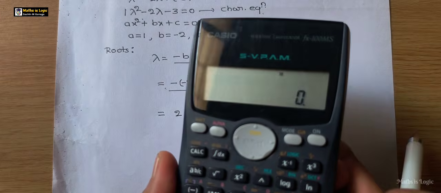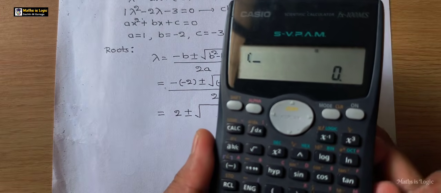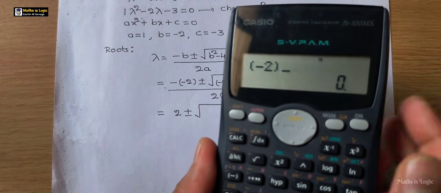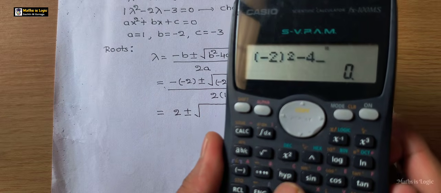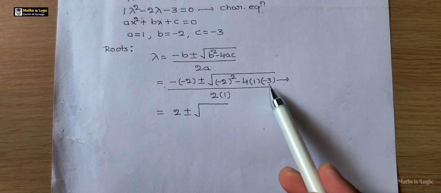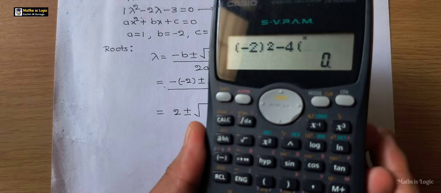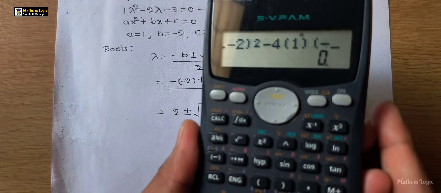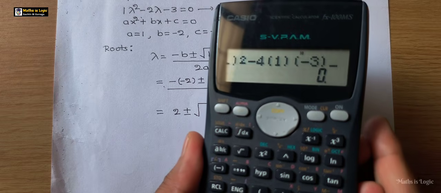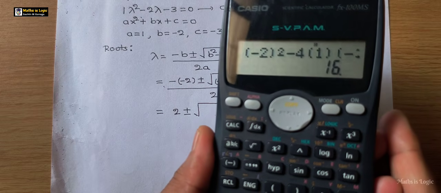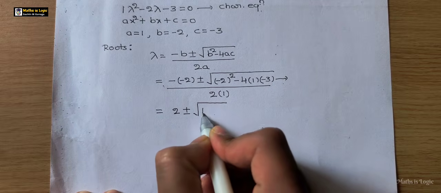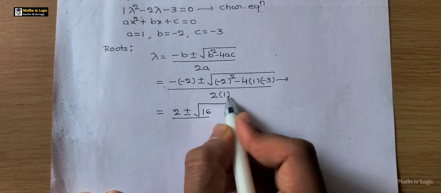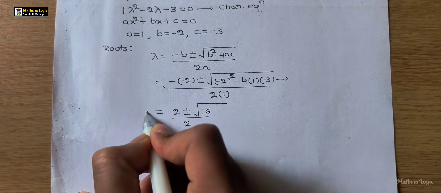Minus 2 square is there, so in the calculator, in bracket minus 2, so this is the power square, minus 4, again in bracket, a is 1, c is minus 3, 1 into minus 3. So plus is equals to, so what is the answer? 16. So write, 16 divided by 2 into 1 is 2.